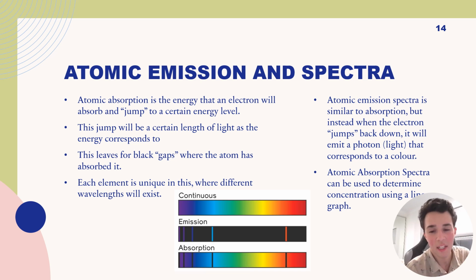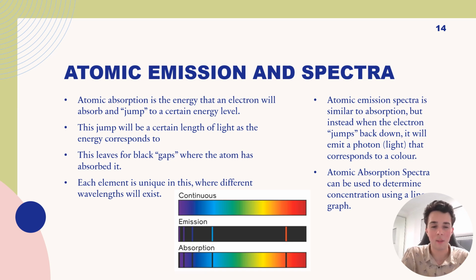An electron will get struck by energy in some form, typically light, and when this happens, it'll jump up an energy level. That certain energy of light that caused it to jump up will be absorbed by the electron, and because of that, it will leave a black spot in the absorption spectra.